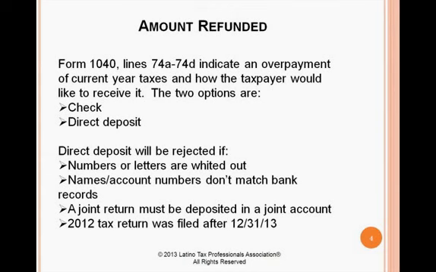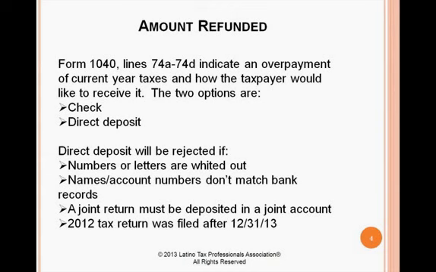That is up to the banks. I have had clients tell me that a joint tax refund did get deposited correctly in only one of the taxpayer's bank accounts. Other banks have shown me and told me no, that they won't accept it.